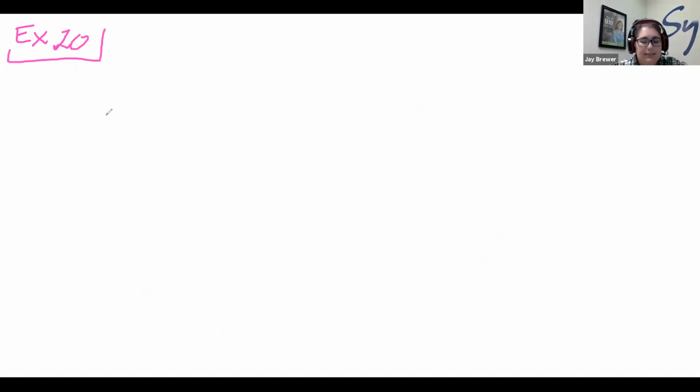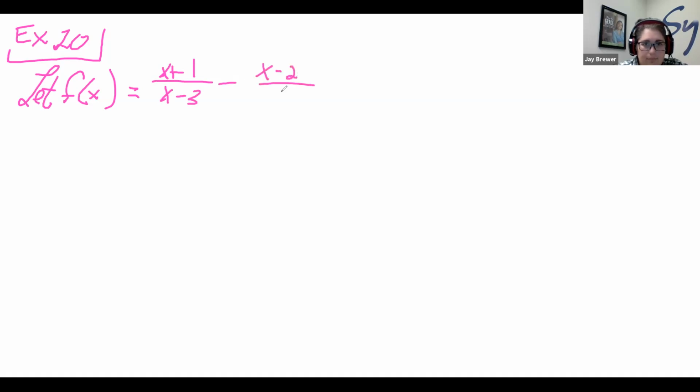Example 20 tells us to evaluate. So it's a little bit different this time. This gives us f of x. So I'm going to let f of x equal x plus 1 over x minus 3 minus x minus 2 over x plus 3.